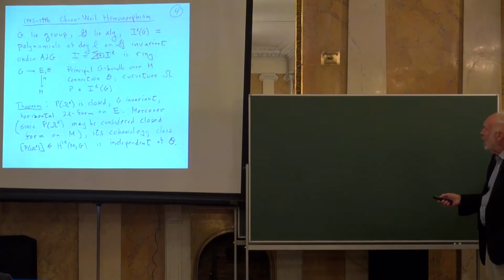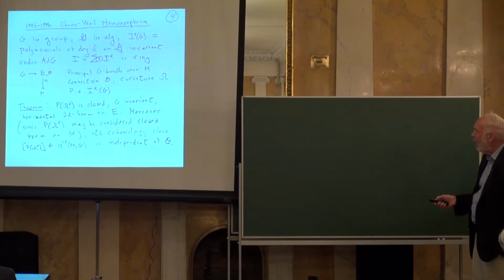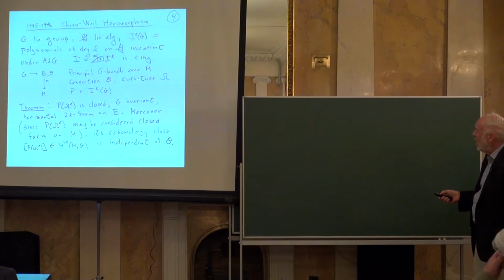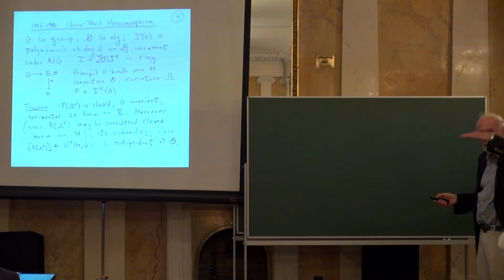It's a ring, it had degrees, and if you have a principal G bundle over a manifold and it has connection theta and curvature omega, you can take any invariant polynomial, plug in the curvature to that, and what you'll get is a G invariant horizontal 2L form, even dimensional form on E. Horizontal means with respect to the connection.